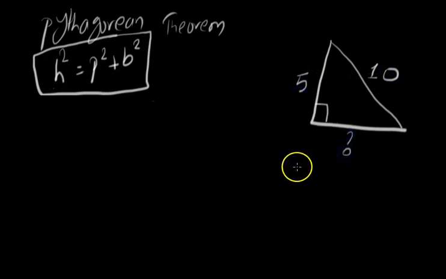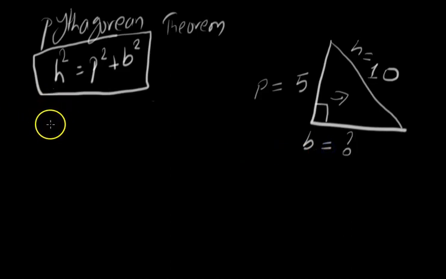We need to find that side. As I mentioned before, this will be the hypotenuse. This might be the perpendicular or base, it doesn't matter. We need to find b. Let's plug in the formula again.